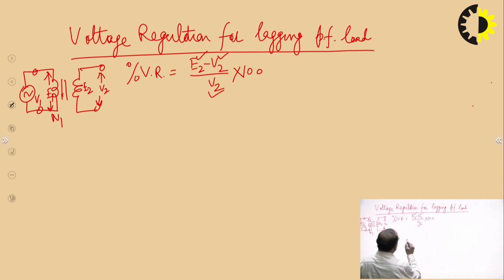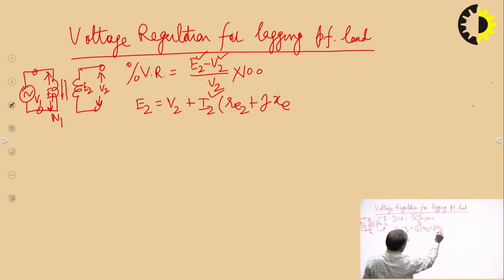We know the voltage equation in a transformer, E2 equal to V2 plus I2 into (RE2 plus jXE2).